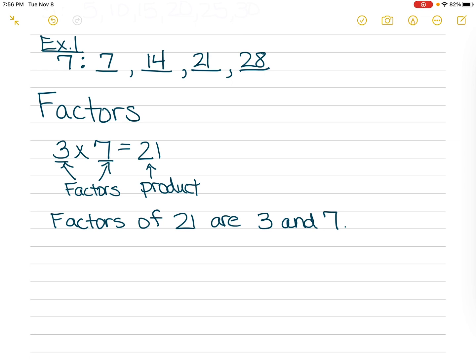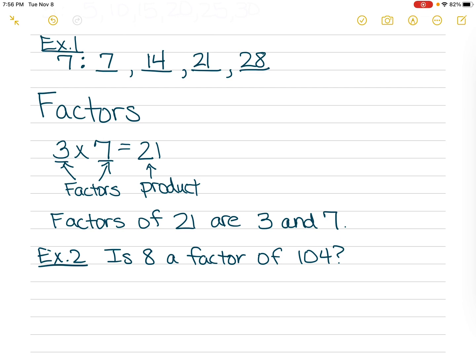So on example 2, the question says, is 8 a factor of 104? This is a yes or no question.